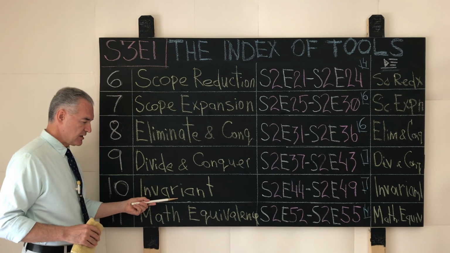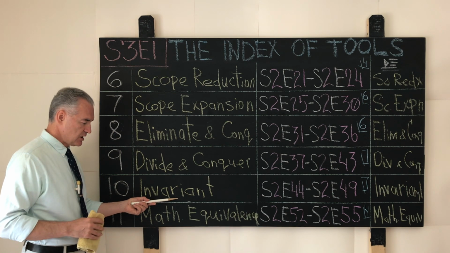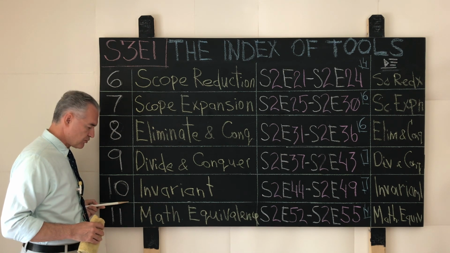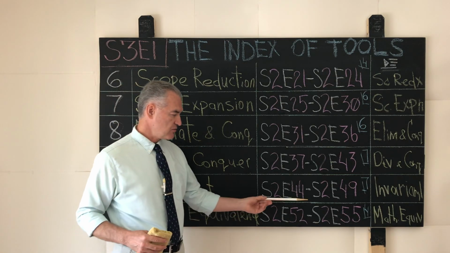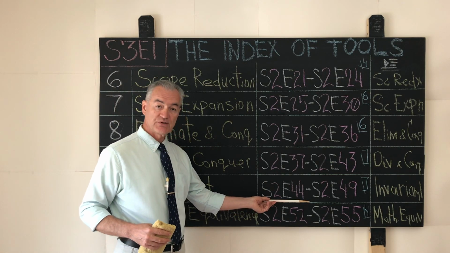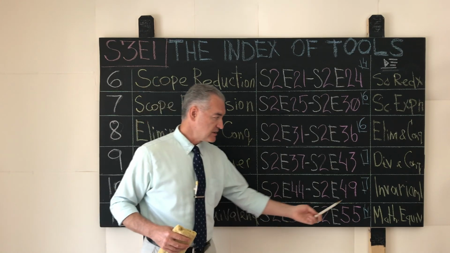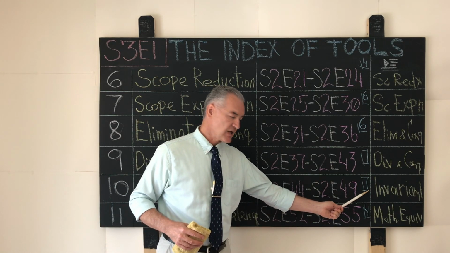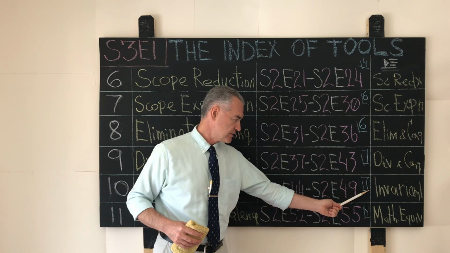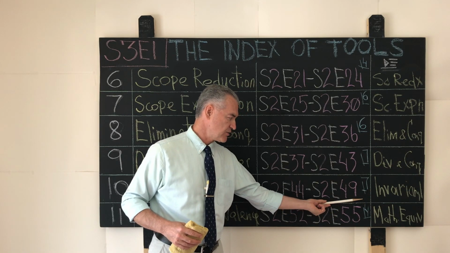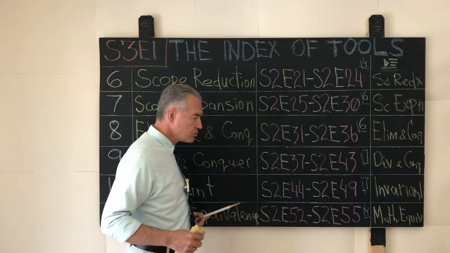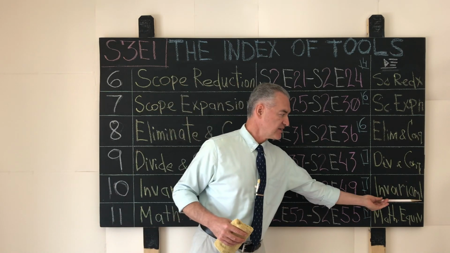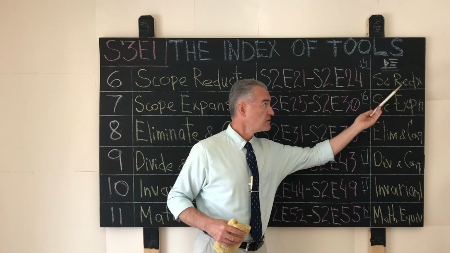Okay, so approach number 10 was called invariant. I explained the mechanics of how this approach works in Season 2, Episode 44. Then we dedicate no less than 7 episodes to how this approach works, terminating the study with Season 2, Episode 49. All these episodes live in the invariant playlist.